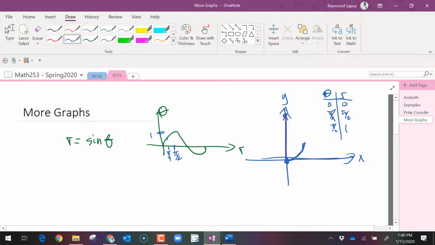So then I would have something that might look like this, right? Now, if I keep going, by the time I get to pi, I'm back at 0. So I keep following my ray going down here, it's going to shrink back down to 0.